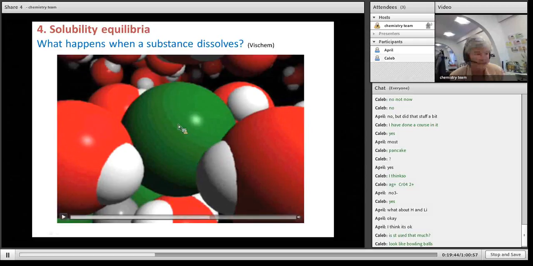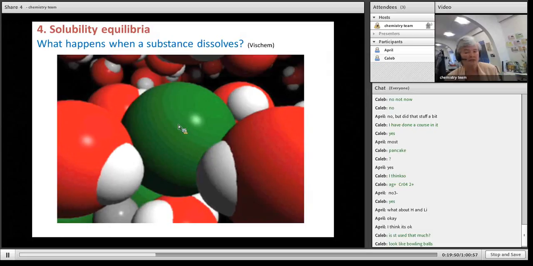That's releasing energy, giving enough energy to make it vibrate more so it can break that ionic bond. And of course, you notice it goes for the corners because there are fewer ionic bonds to break, so less energy is required.